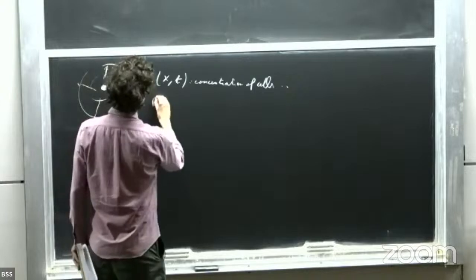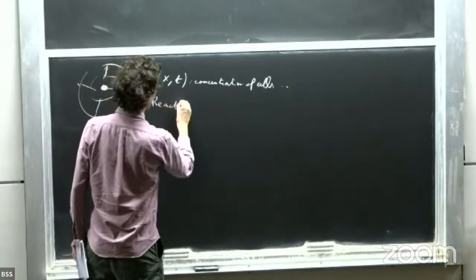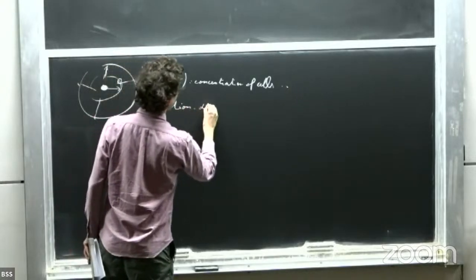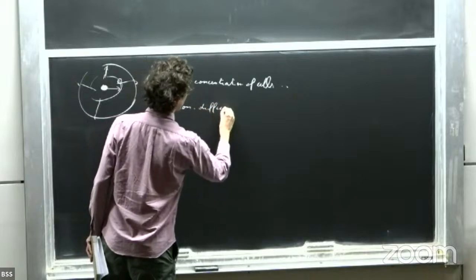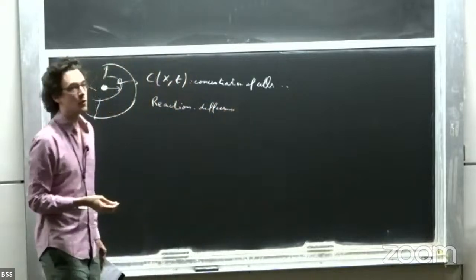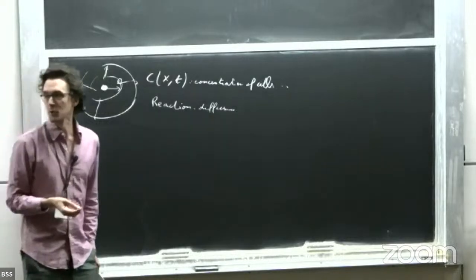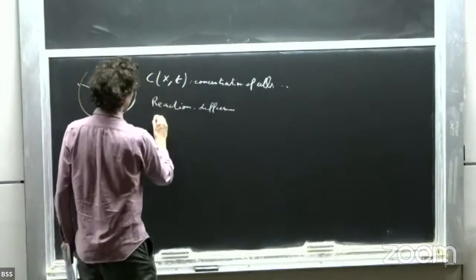So the simplest thing you can write is a reaction diffusion equation, which is nothing more than a conservation equation on the concentration of bacteria.